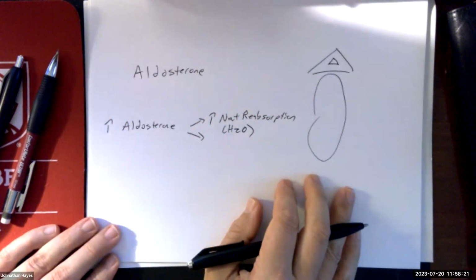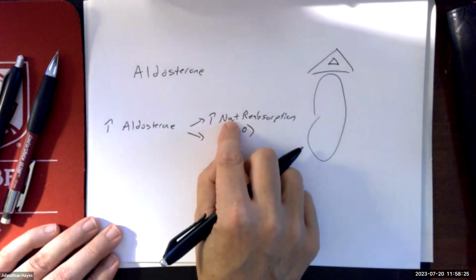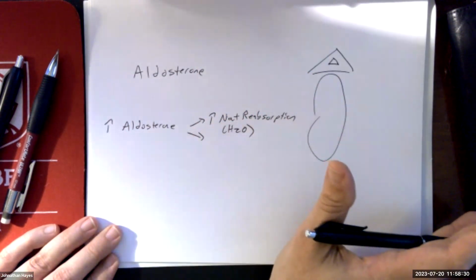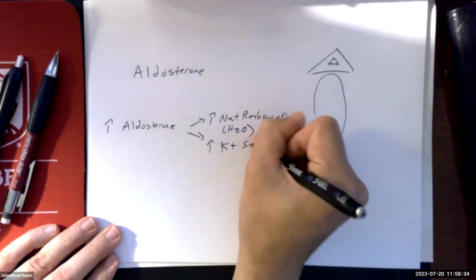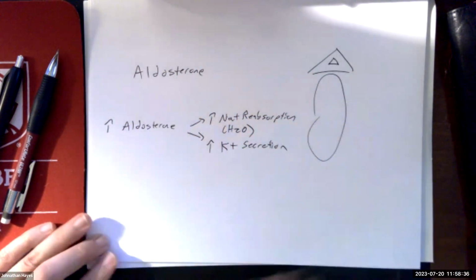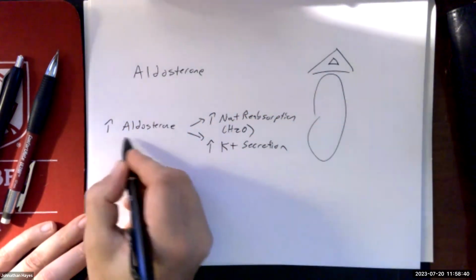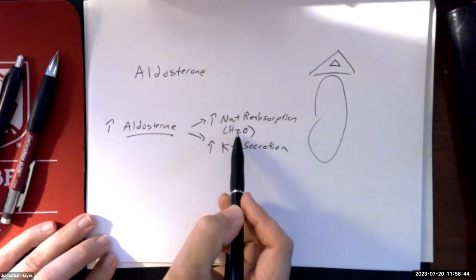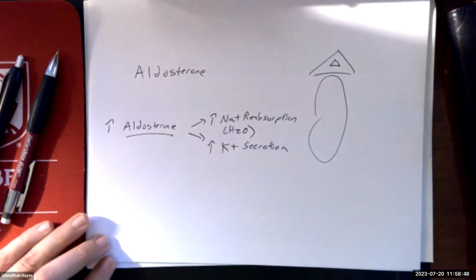And at the same time, since we're going to be conserving sodium, which is a positively charged ion, I need to get rid of equal amounts of positively charged ions. So we're going to get rid of potassium at a higher rate, right? By secreting it directly into the tubular system. So what does the presence of aldosterone do? It increases sodium reabsorption, which allows us to hold on to water better, while getting rid of potassium, right?